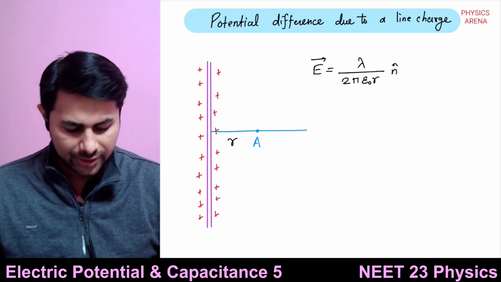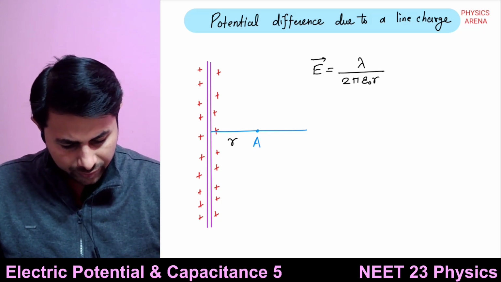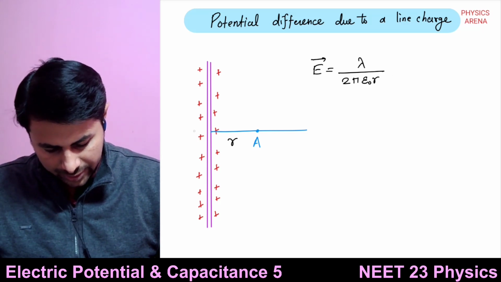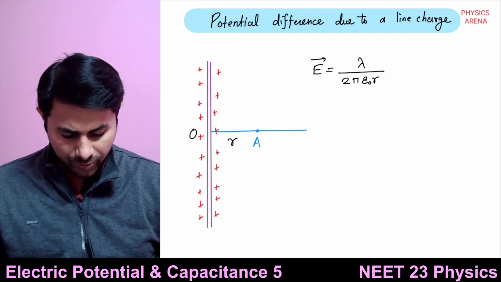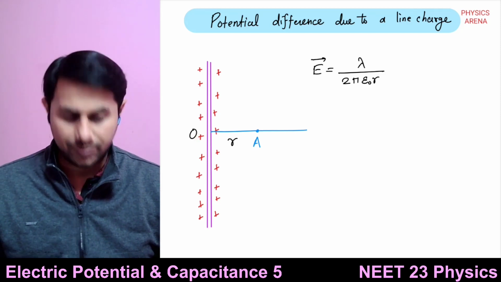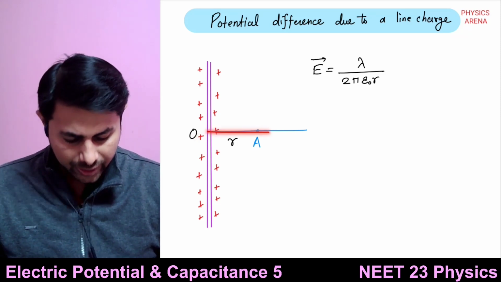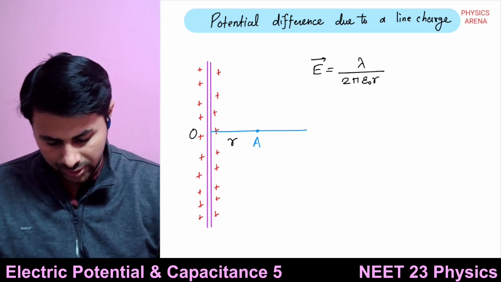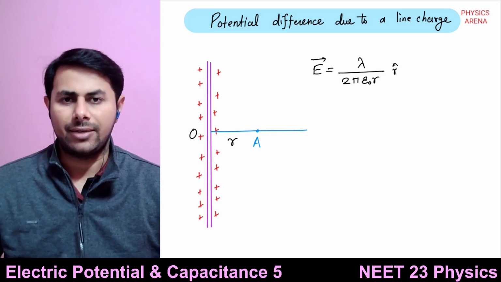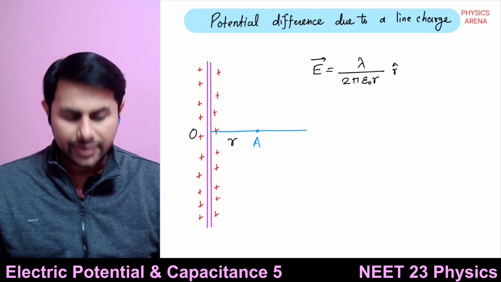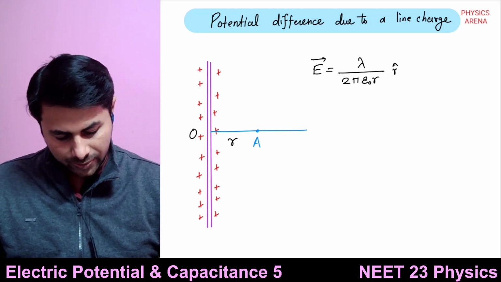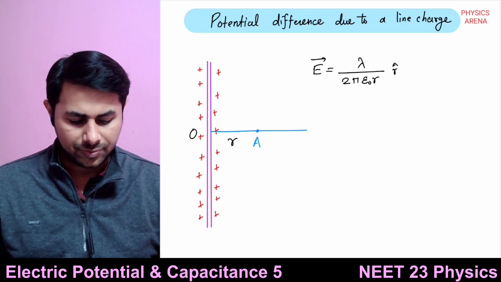Or if this distance is r, and we draw a perpendicular from point A to the point O, then it is along this perpendicular. So we can say it is along r cap. But what is r? It's the perpendicular distance of this point from the wire.